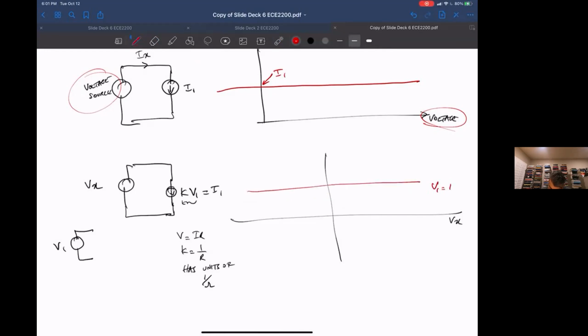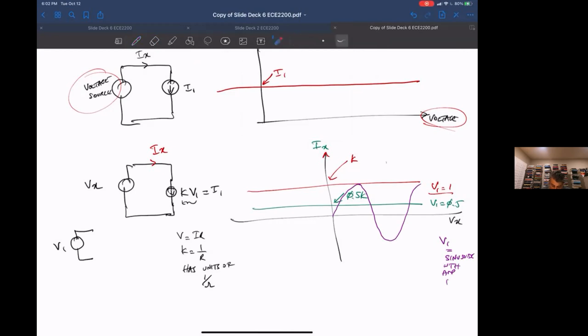You'll get a current I sub X of K, since K times V sub 1 is K. Now let's say V sub 1 is 0.5, so the current ends up being 0.5 K. Let's say V sub 1 is a sinusoid with amplitude 1, then the current would look like a sinusoid.